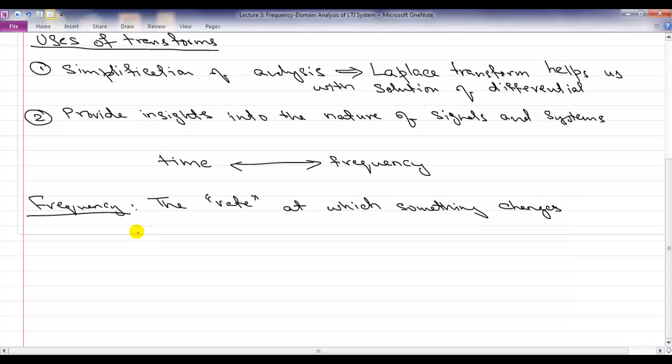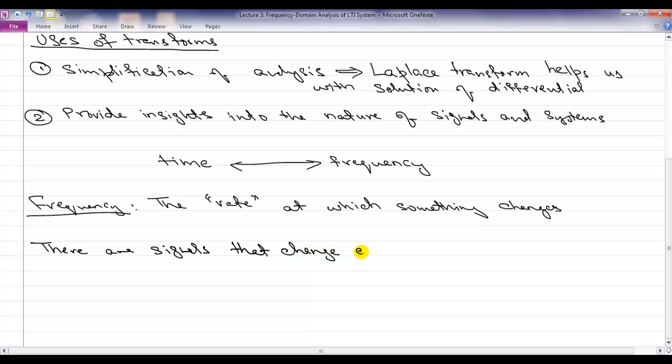Now, we can associate the concepts of frequency to every signal, but mathematically, the notion of frequency applies to how something is changing in a periodic fashion, at what rate. Right? So there are signals that change at fixed rates, or frequencies, as we will call them.